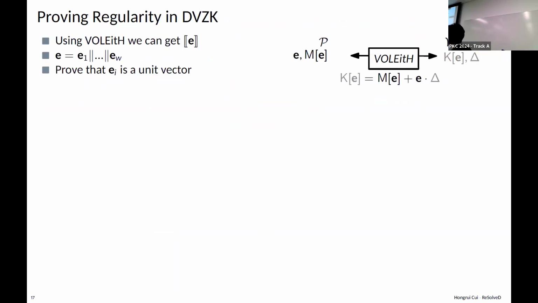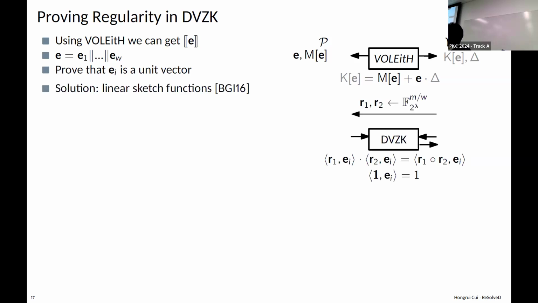So how to do this? Assume that we are in the vector VOLE hybrid model, the two parties can get authentication of this vector E. For each block, the verifier samples two challenges, and the two parties prove these two constraints.